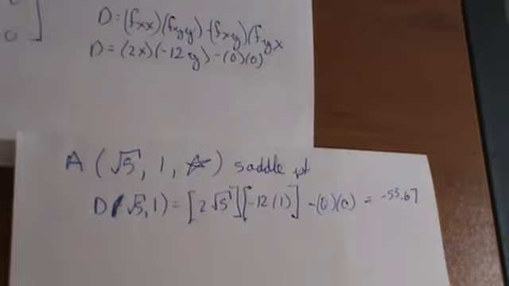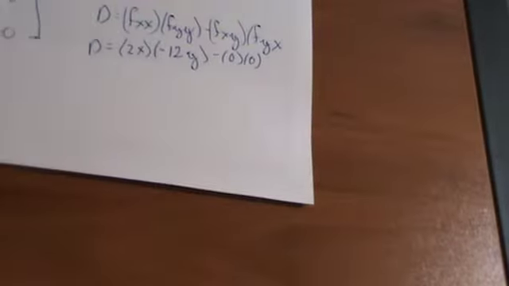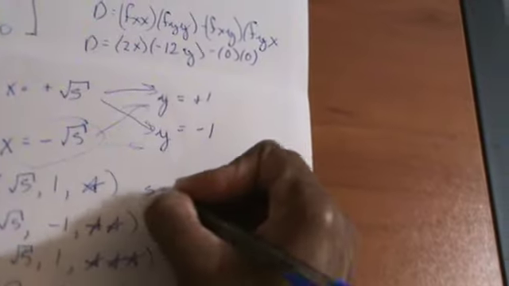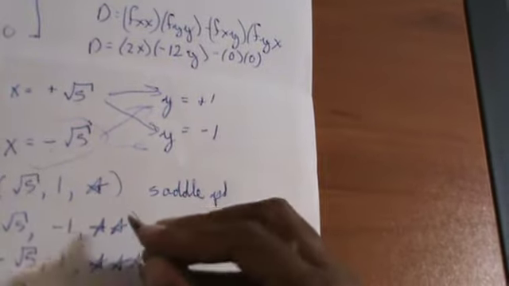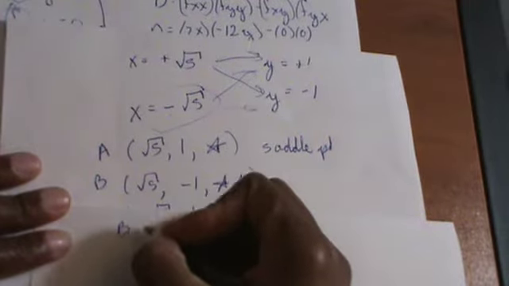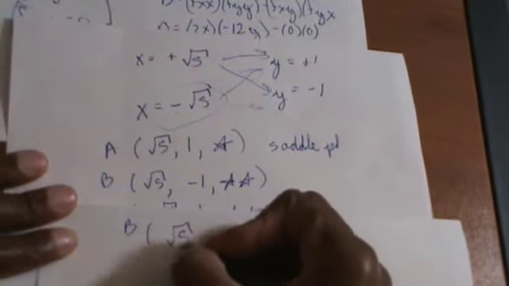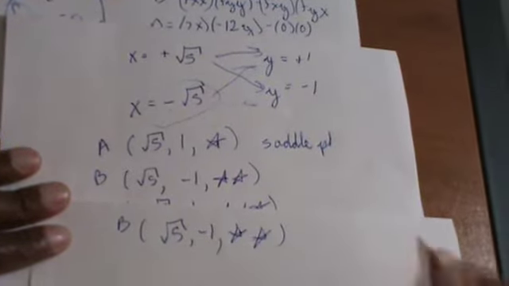All right, let's keep going. So I'll remind you of the points that we're dealing with. There we go. So check, this is a saddle point. Okay, the second one says that we need to check the point B, which is the square root of 5, negative 1, and then the z value that's associated with that.